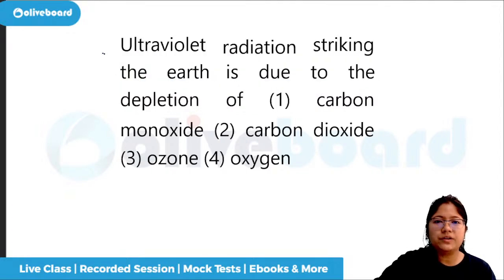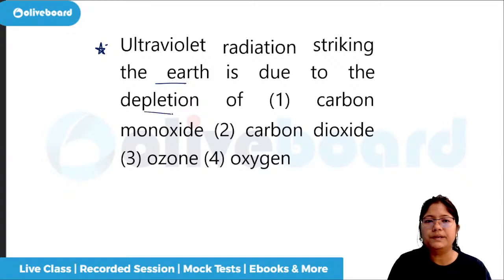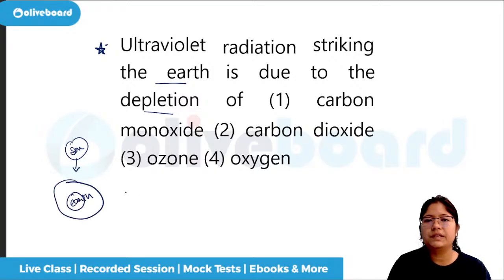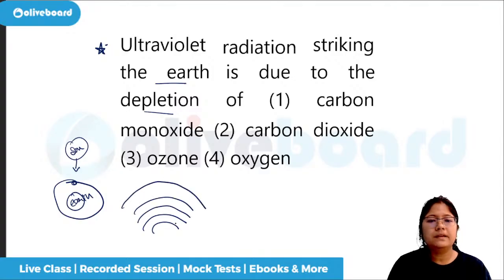Next question, ultraviolet radiation striking the earth is due to the depletion of. What happens? The sun's UV rays are protected by the atmosphere in the first go. In the atmosphere there are different layers like troposphere, stratosphere, mesosphere, thermosphere, exosphere, and after the troposphere, somewhere in this layer itself is the ozone layer.